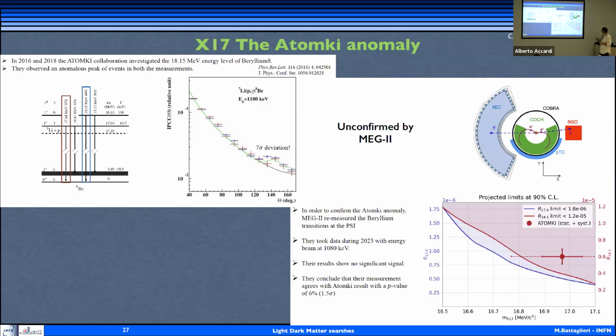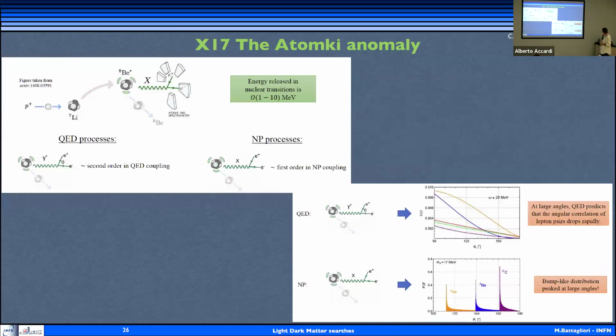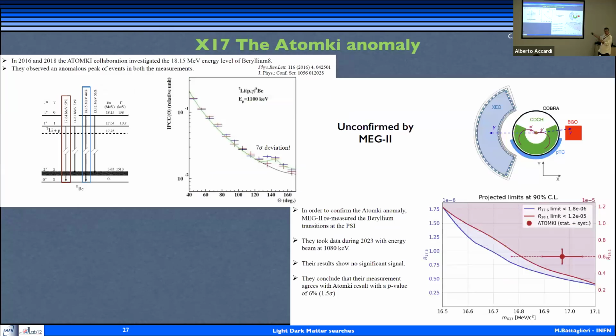Here you see a very precise 140 degrees, and for beryllium this is for a hypothetical 18.8 MeV particle, where you are expecting to see a peak exactly at 140, which is the one they see. So from this measurement, they inferred there was a new particle, maybe nothing to do with dark matter, okay? But anyway, they claim there is a peak in the e+ e- pairs at this mass.